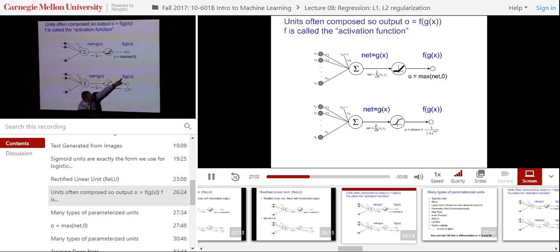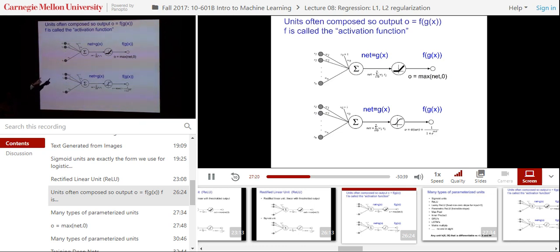So you can think of each of these units as really the composition of some f with some g of x. And not in all cases, but in many cases, this is what the design of units looks like.